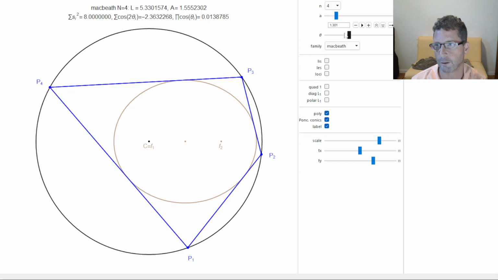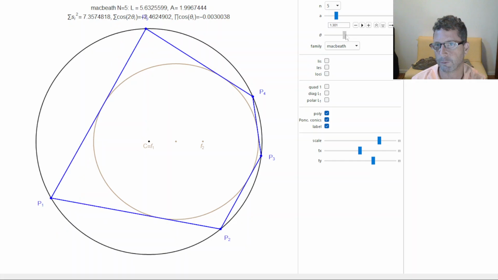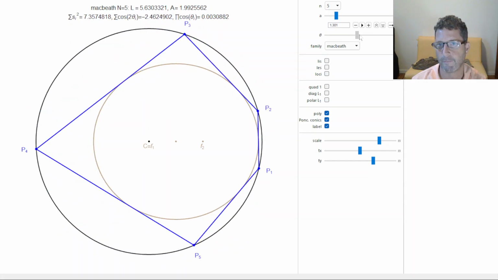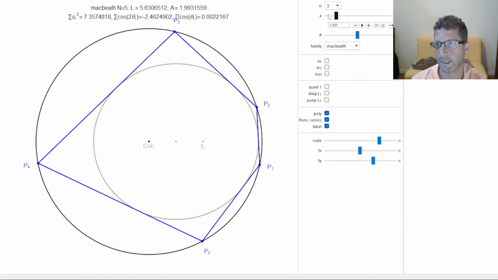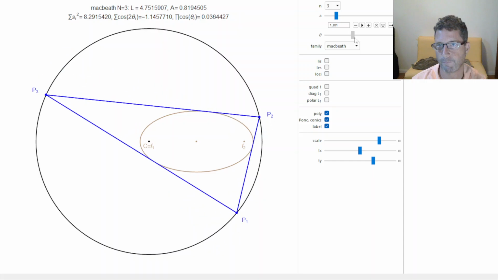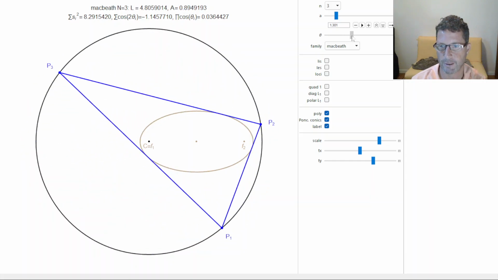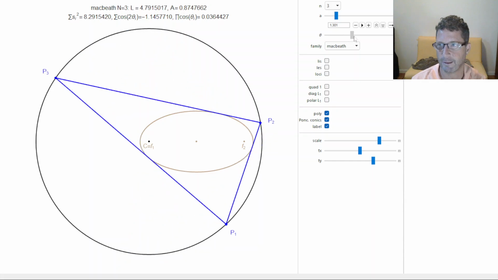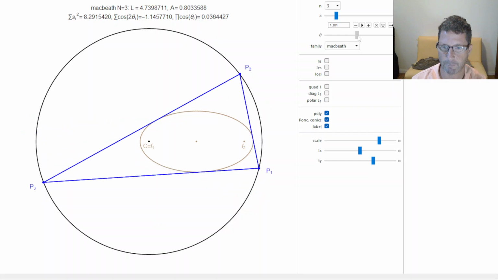Notice that this is not conserved, for example, for n equals 4. It's not conserved for n equals 5, okay, this product over here. But it is conserved somehow for n equals 3. So I'm sure this conservation is something that can be proved with analytic geometry. Everything in n equals 3 can be manipulated with analytic geometry.